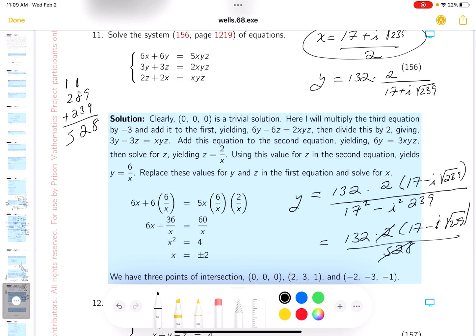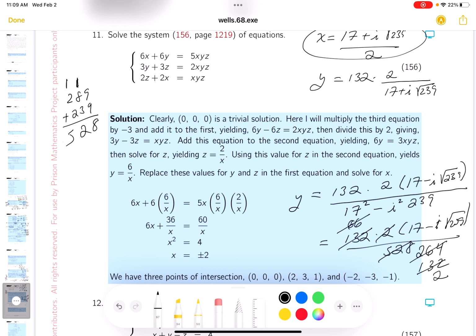That'll be 264. And let's just do another reduction. That would be 66. And this goes in 132, and 66 goes into 132 2 times.